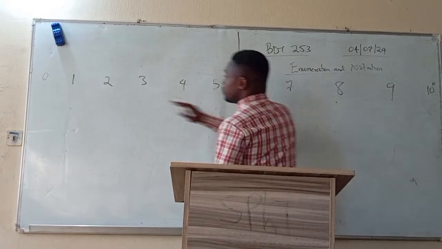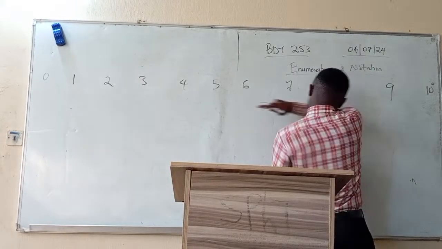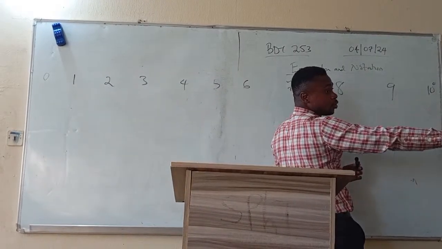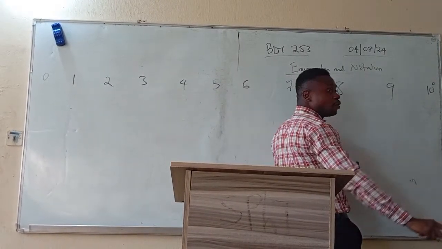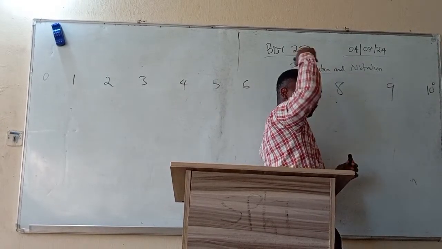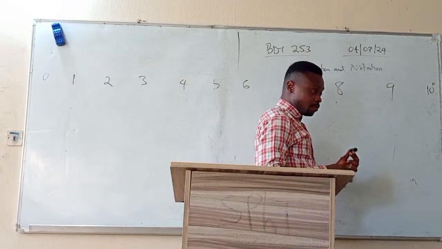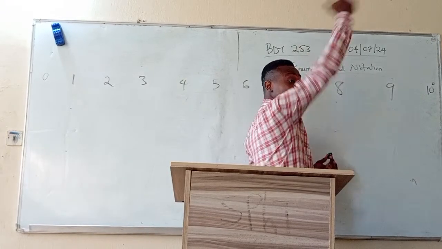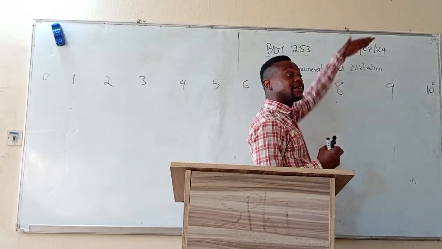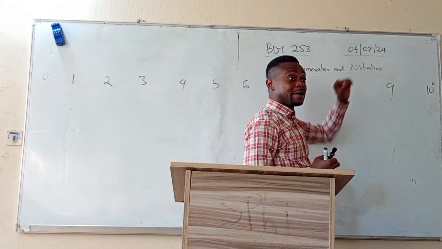I would have put this here, but because of space. Hope you understand what I'm doing. So this is the first row, the building block units. We don't want to go to the negative side of the number line, because we are talking about counting numbers.